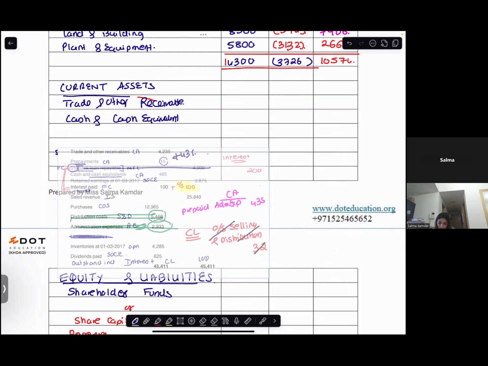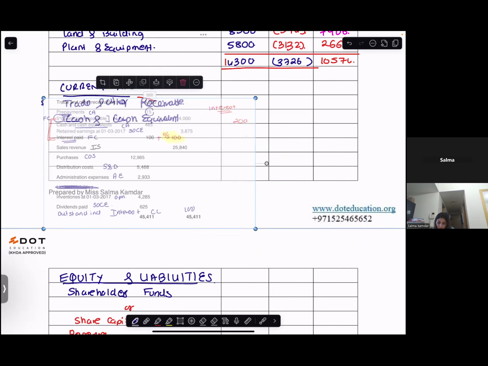What is the cash and cash equivalent? 485.